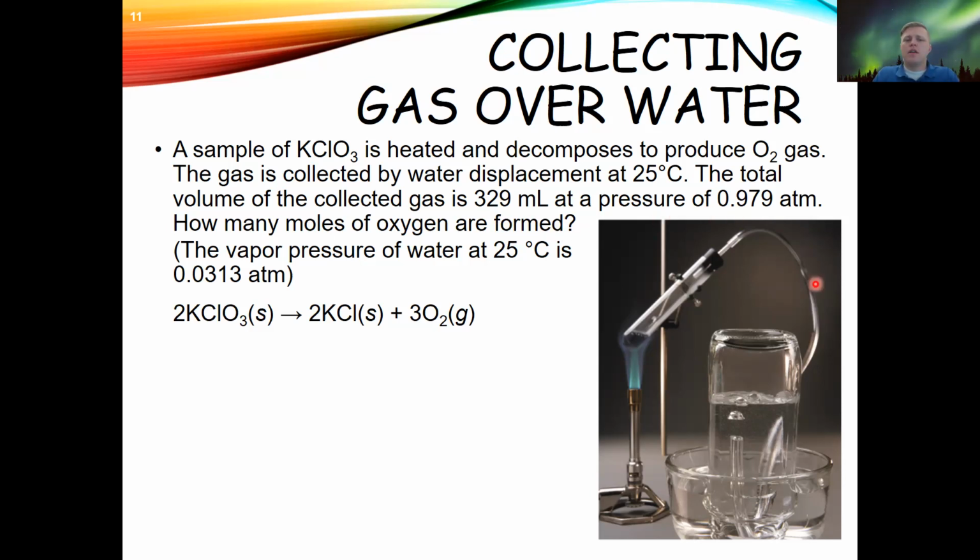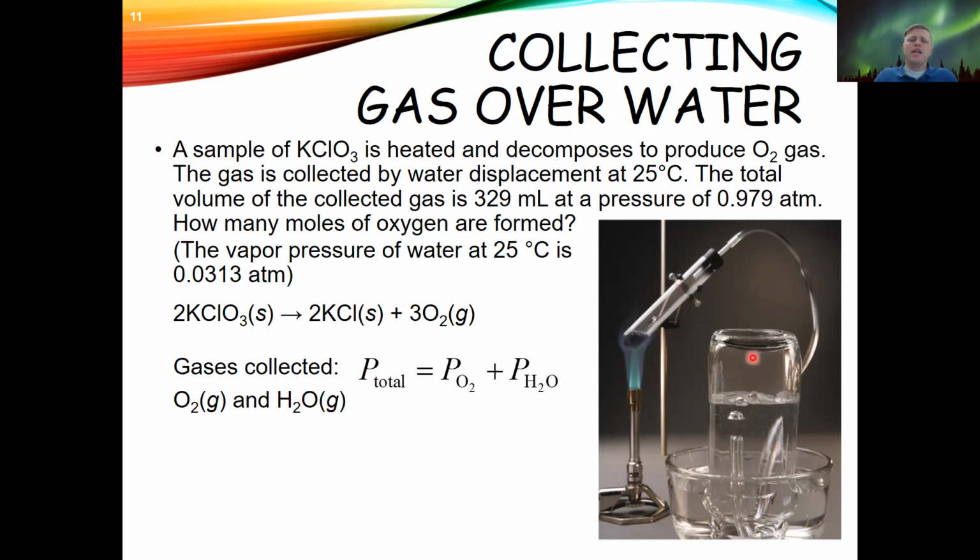Okay, we know that enough oxygen came in to displace 329 mL of water at a given pressure. First thing we have to figure out in this question though is what gases are even being collected. So we know oxygen is coming off, but we also know that the water is vaporizing to some extent, and we have vaporous water or gaseous water in this bubble as well. So the gases being collected are O2 and H2O gas, which means that the total pressure in here is equal to the pressure of the oxygen plus the pressure of our water.